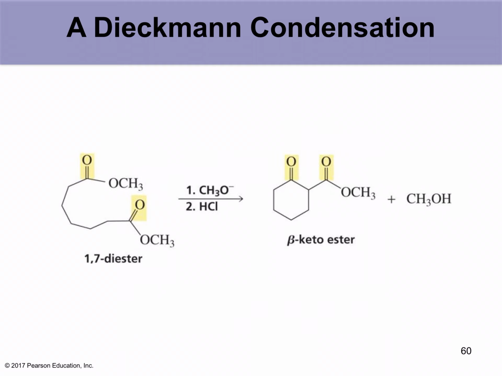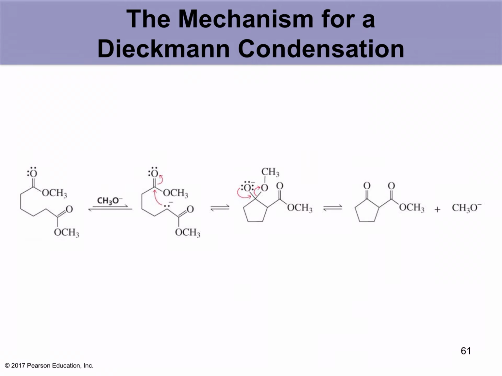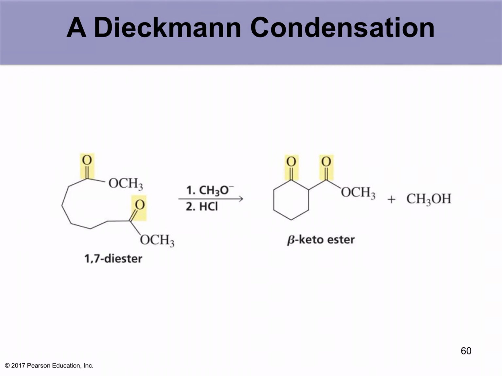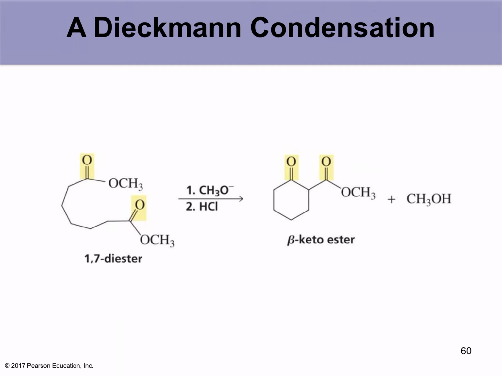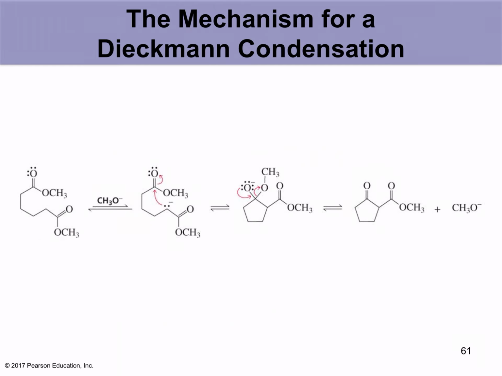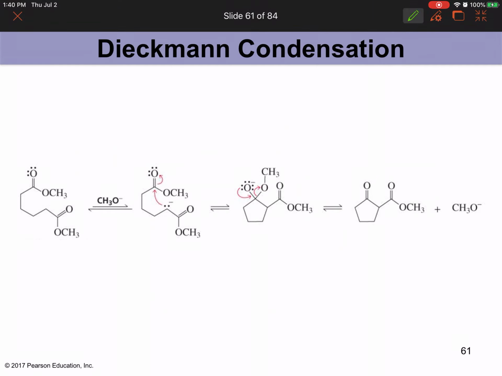So this is the mechanism for that. And here's a 1,7-diester. So here's a 1,6-diester. It forms a beta keto ester with a 5-membered ring. If you start with a 1,7-diester, you will end up getting a 6-membered ring beta keto ester. Let's see the mechanism. When you add methoxide, we have alpha hydrogens in several places. So there are hydrogens over here, right?